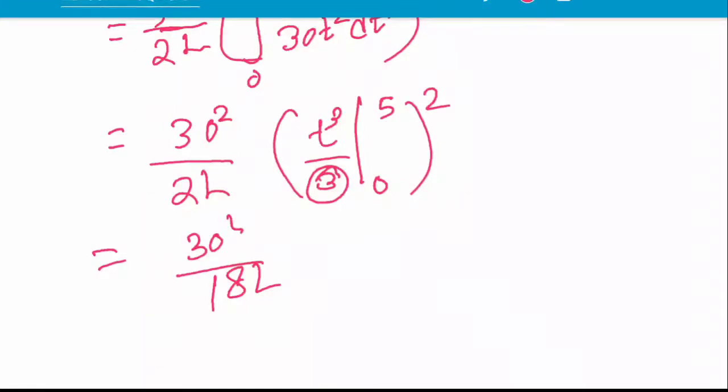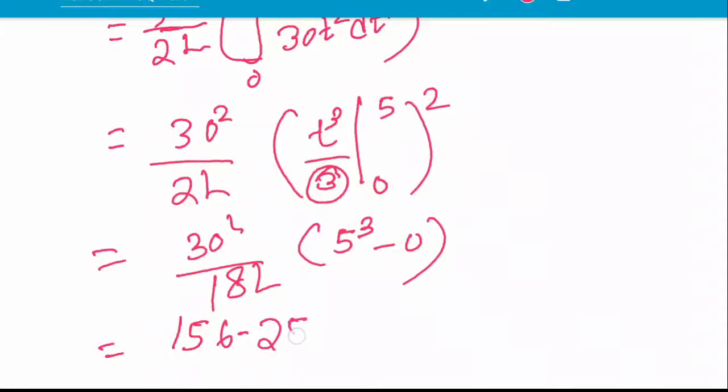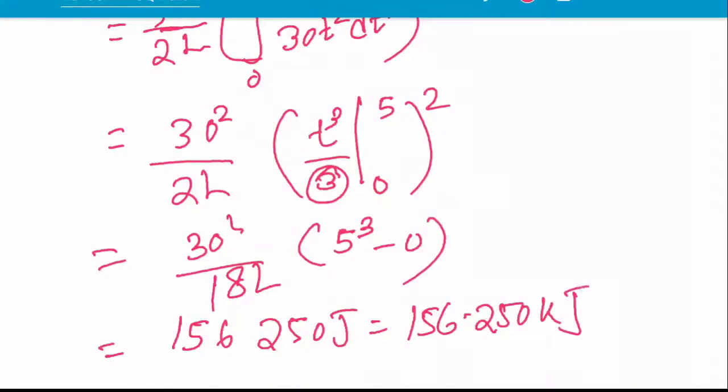So this is 5³ minus 0, which finally comes to 156.250 joule, which can also be written as 156.250 kilojoule. This is the one number and this is in terms of kilojoule.